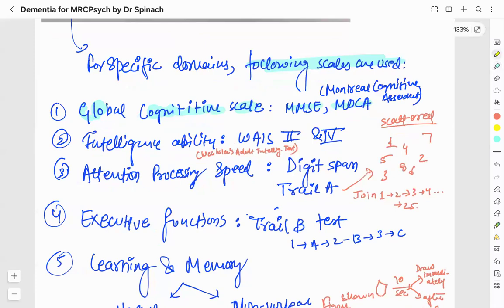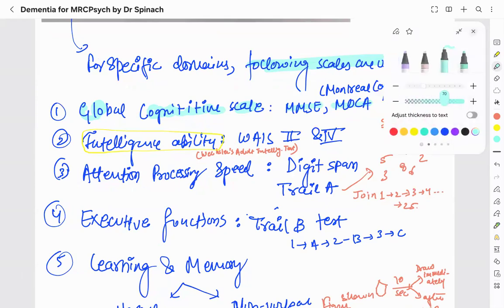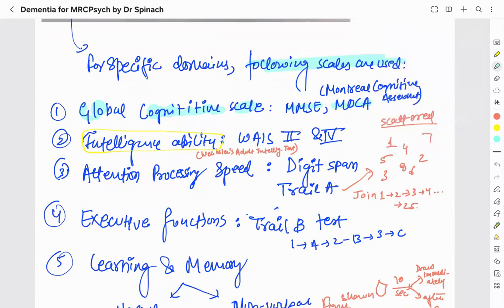Then next, we have intelligence. For intelligence ability, we have the Wechsler Adult Intelligence Scale 2 and 4. Then attention and processing speed can be screened using digit span test and Trail A. What is Trail A?